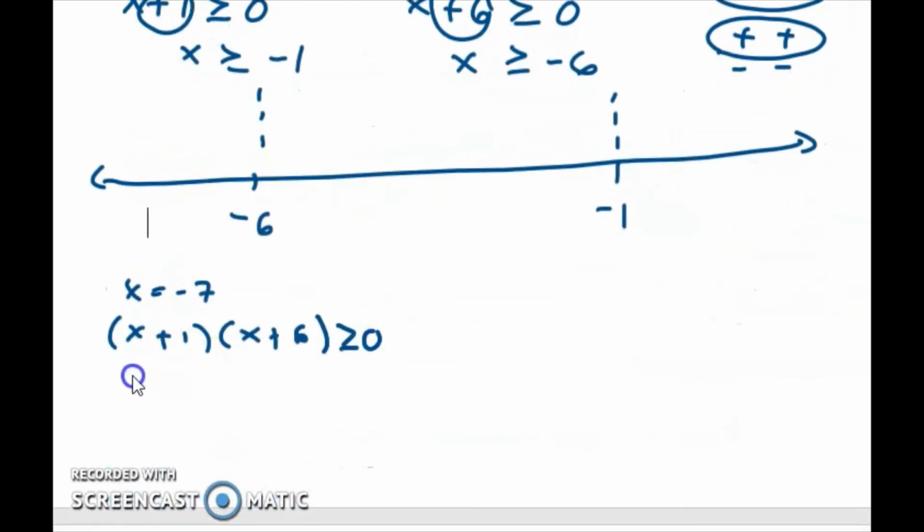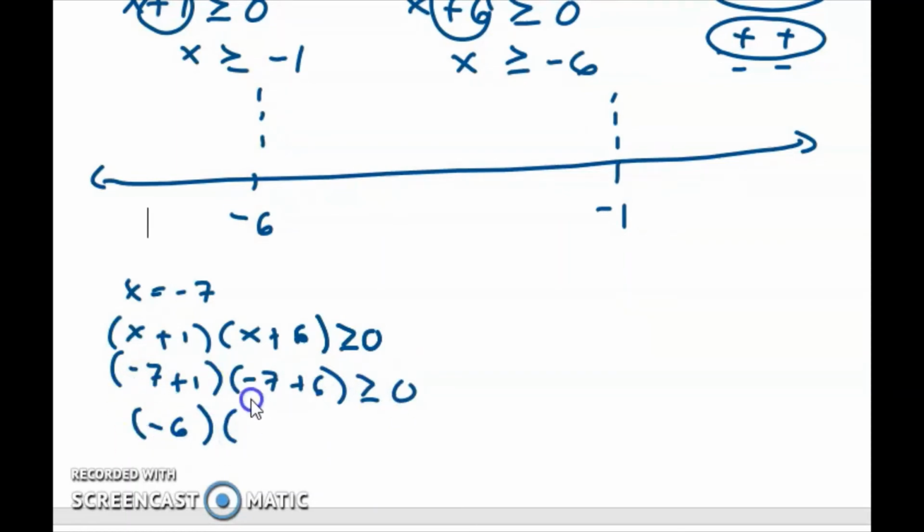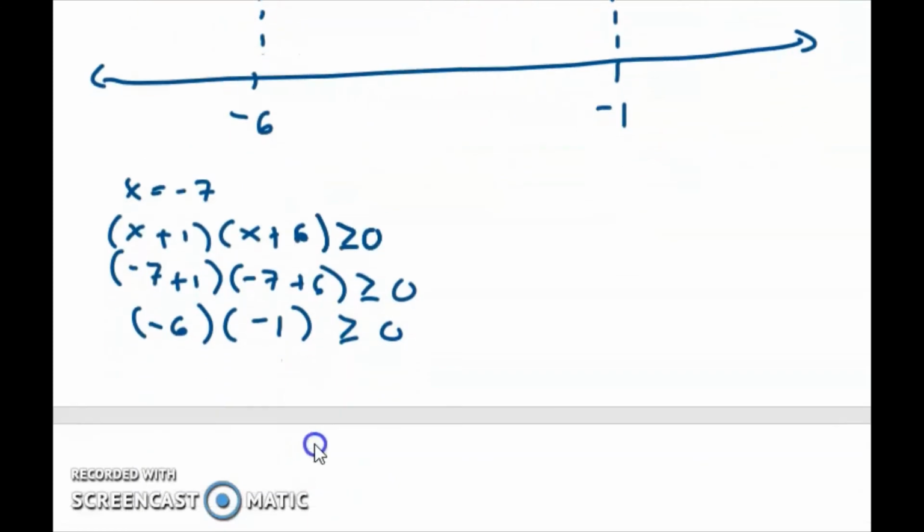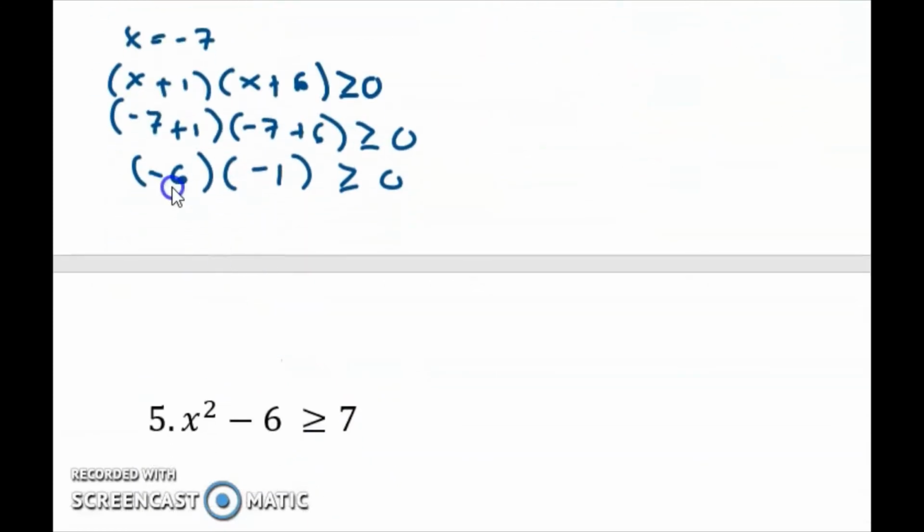So, if we have here negative 7 plus 1, and then negative 7 plus 6, is that greater than or equal to 0? So, negative 7 plus 1 is negative 6. And then, negative 7 plus 6 is negative 1. Is that greater than or equal to 0? Sige nga, tingnan natin. Negative 6 times negative 1 is positive 6. Is that greater than 0? Yes. So, this is true.